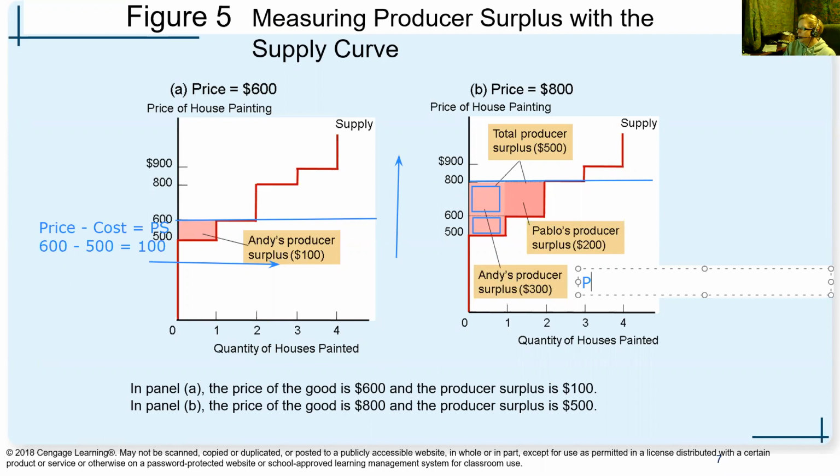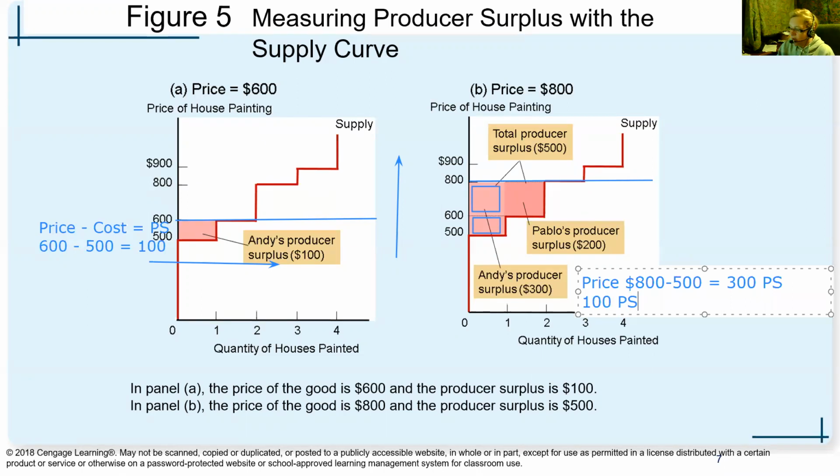Again, we just took the new price of $800 and subtracted his cost of $500. And so that leaves Andy with a $300 producer surplus. Part of that is attributable to the $100 producer surplus that he had from pane A. And when the price increased, he gained $200 producer surplus from pane B. And that's what gives us the 300.